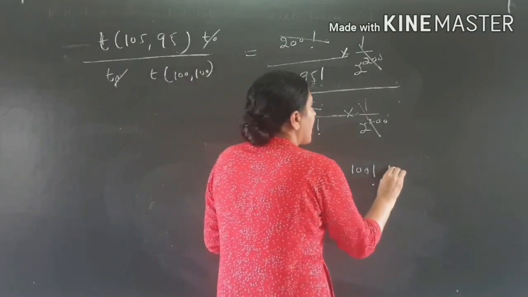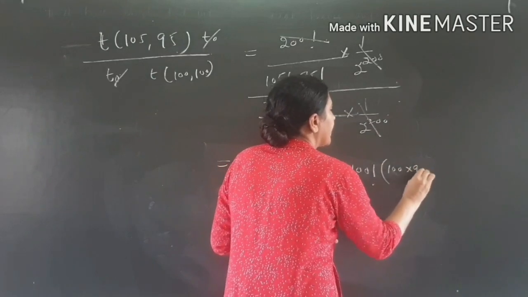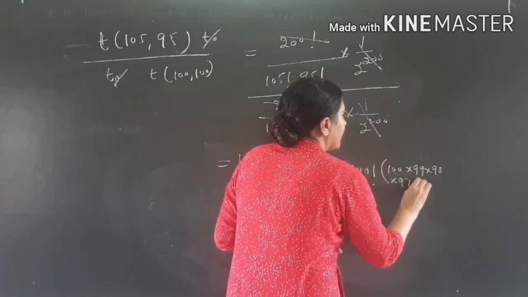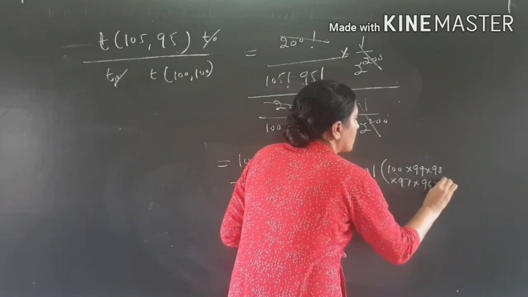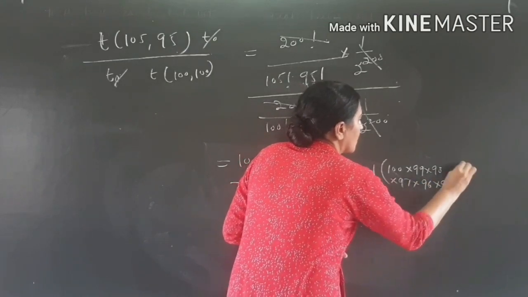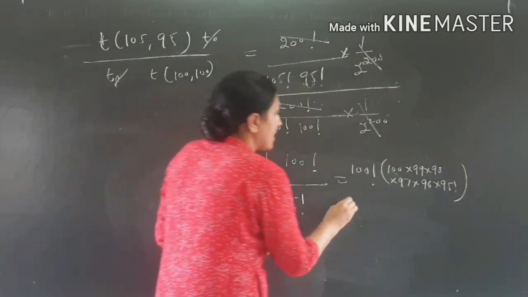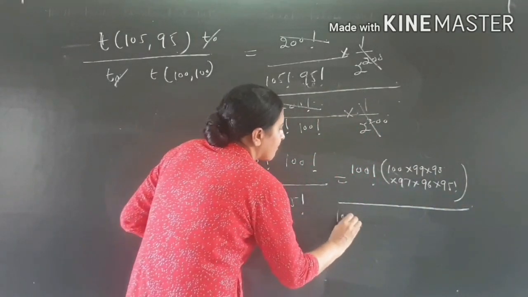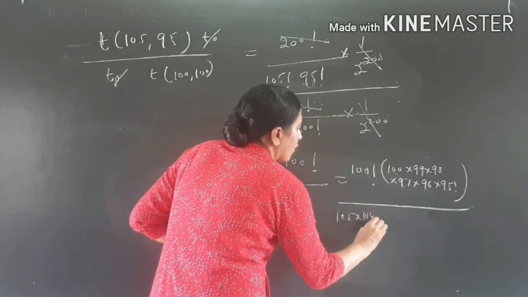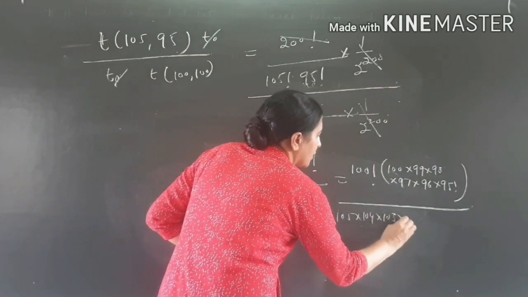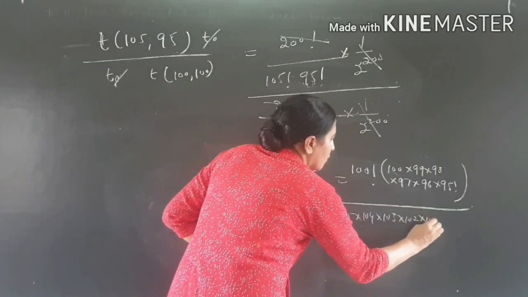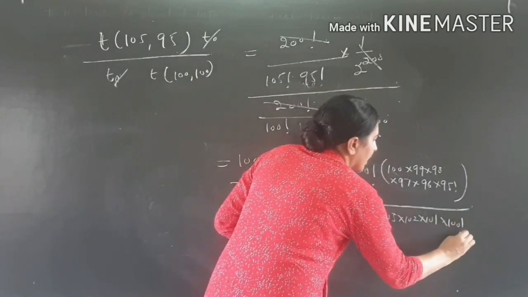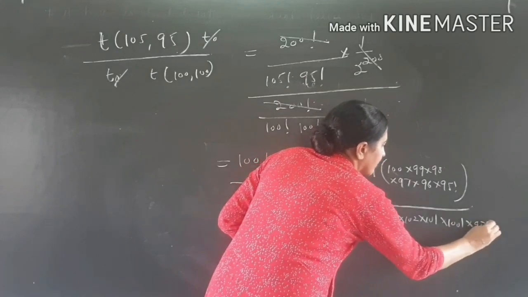And 100 factorial we can write as 100 into 99 into 98 into 97 into 96 into 95 factorial, divided by 105 into 104 into 103 into 102 into 101 into 100 factorial into 95 factorial.